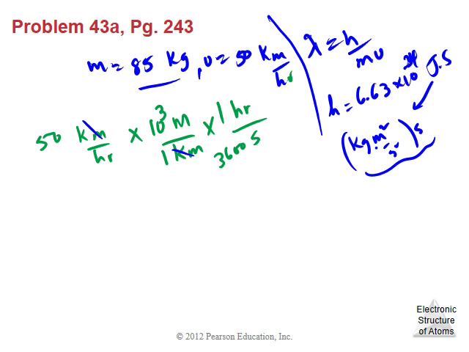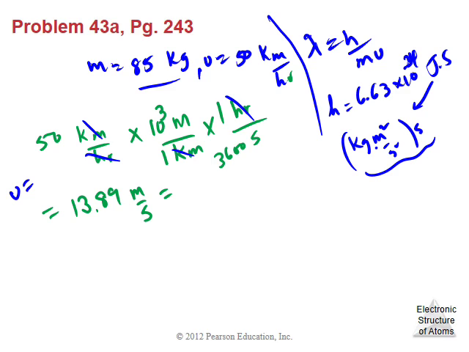Okay, now let's see what units I can cancel out and double check my units. Hour cancels out with hour. So velocity in this case is given in meter per second. And my value is 13.89 meter per second.